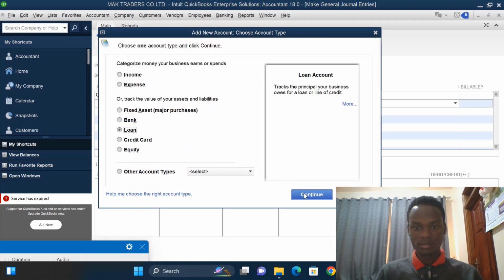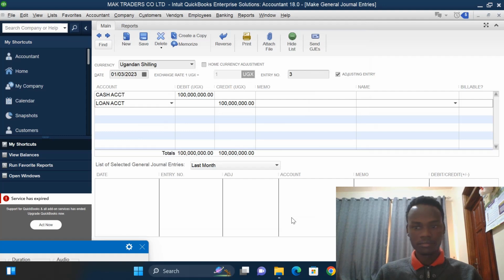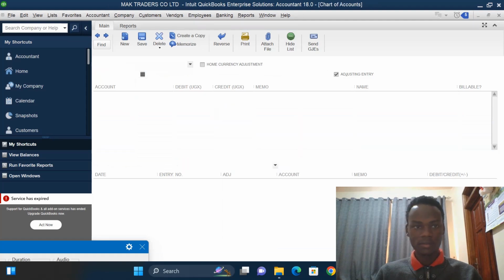Loan, continue. So we shall say loan account. So we shall save and close.